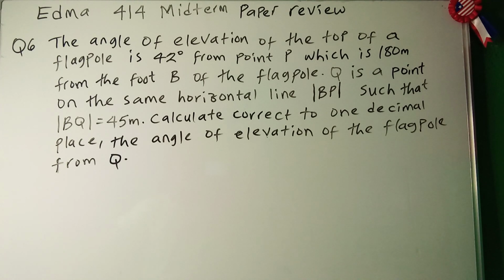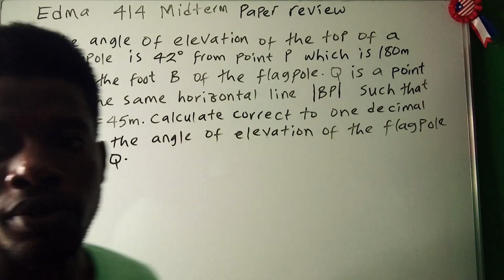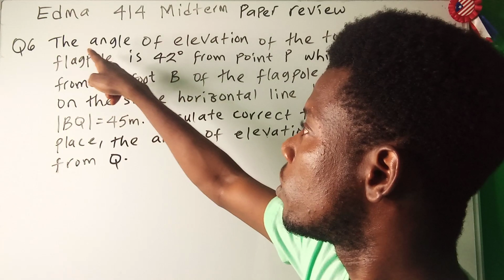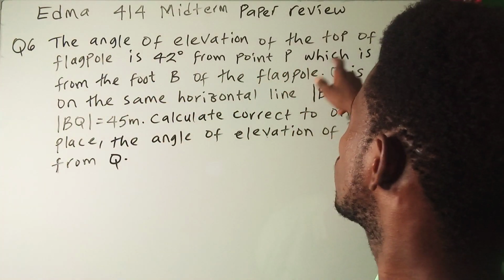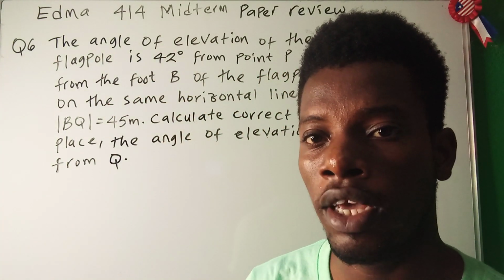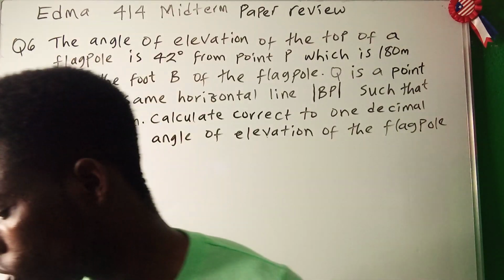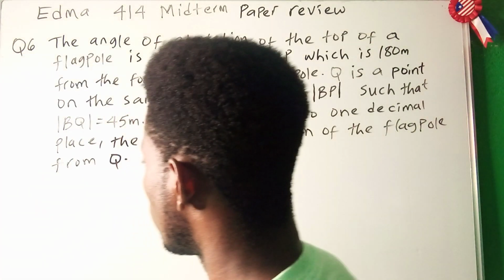So let's begin. The first thing we're going to do is draw a diagram to represent the information on the board, and we'll use trigonometry to find the angle of elevation of the flagpole from Q. So let's go. Now we have the angle of elevation of the top of a flagpole, so we locate the flagpole.